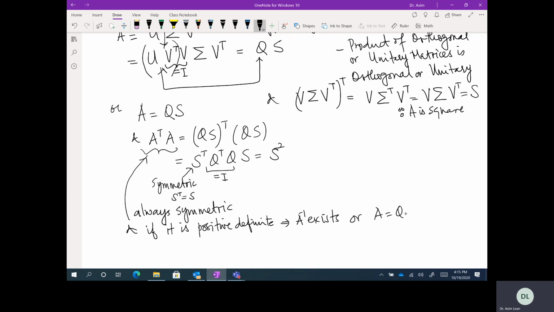Or A equals QS implies Q equals, so I multiply an S inverse here, and S inverse here.